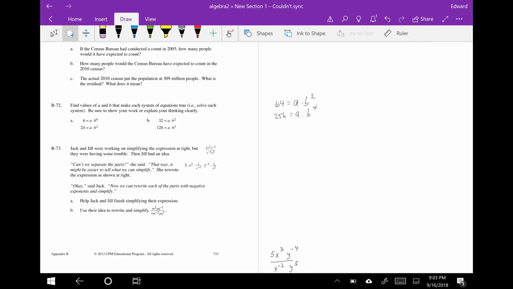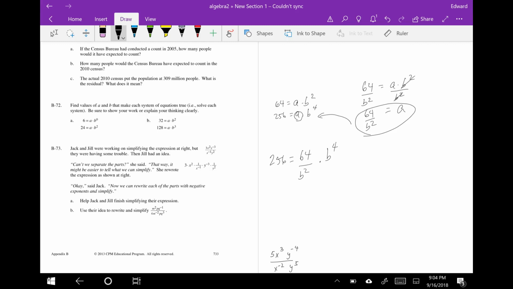So let's start with 64 equals a times b squared. I'm going to divide both sides by b squared, and that's going to leave me with a equals 64 over b squared. Once I have this, I can substitute that a back into the second equation. So let's do that. 256 equals a, which we know also equals 64 divided by b squared, right? That's this a part right here, times b to the fourth.